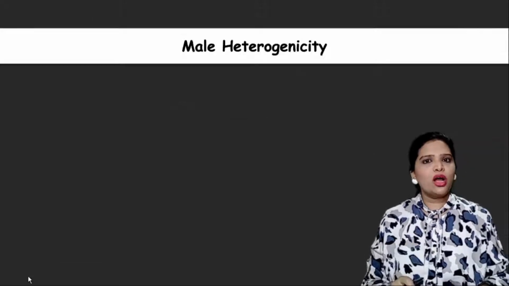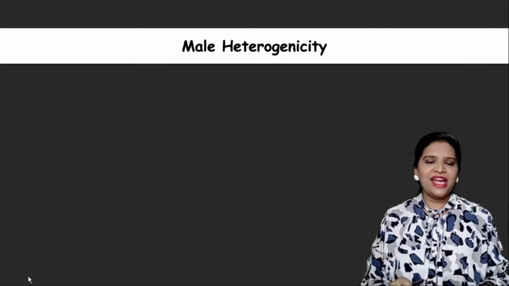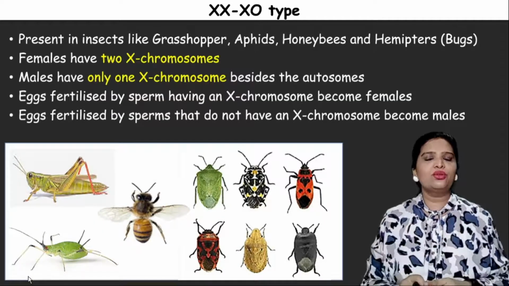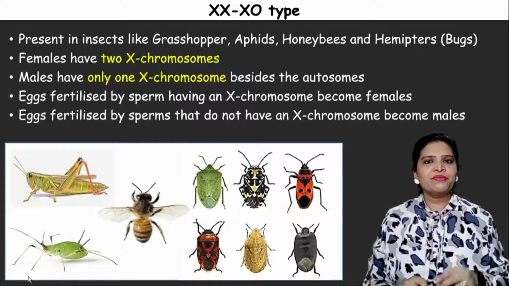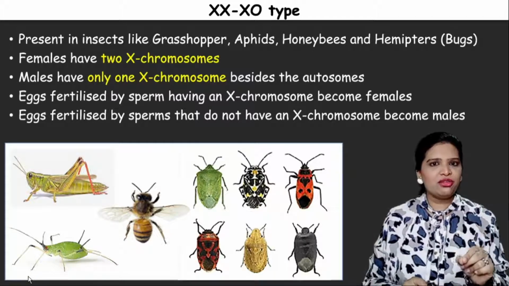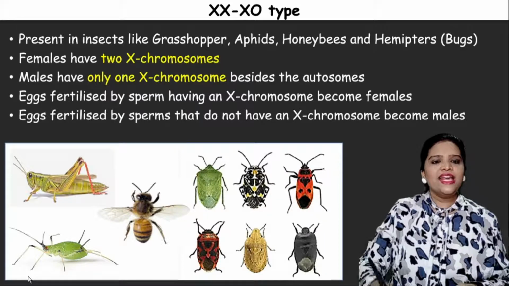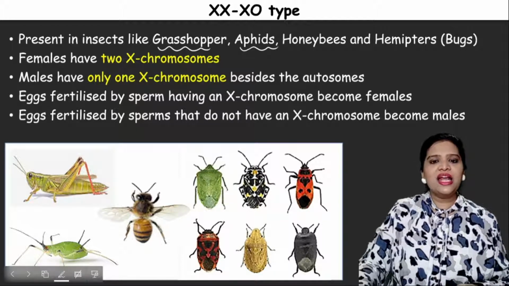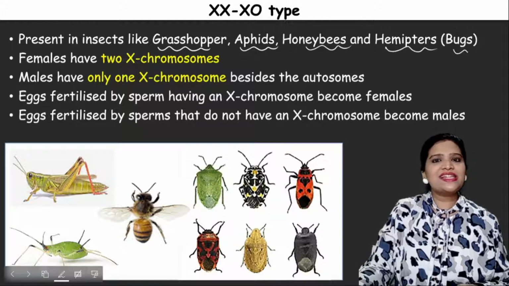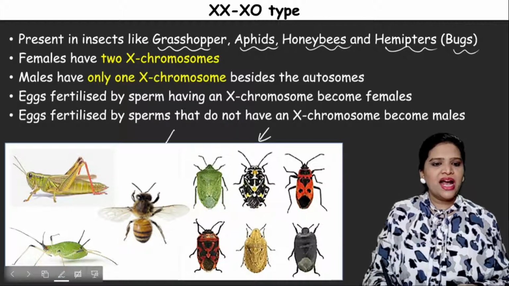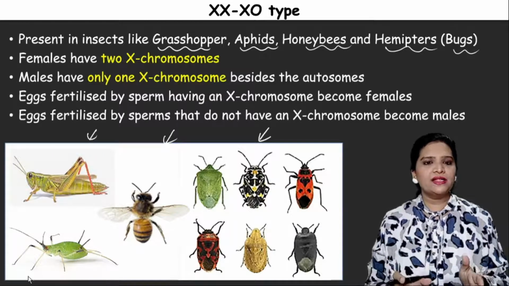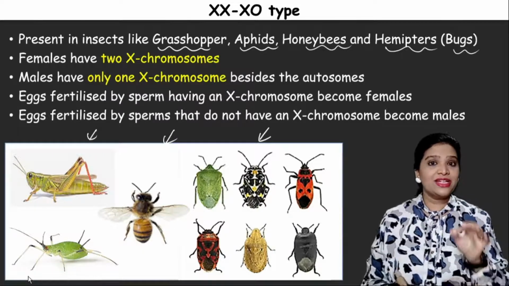Let's move on to the first category, male heterogamety. The first example is the XX-X0 type of sex determination. This type exists in insects, particularly grasshoppers, cockroaches, aphids, honeybees, and hemipterous insects like bugs. In these organisms this type of sex determination is present.